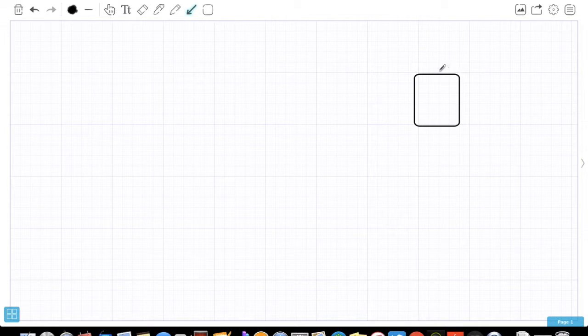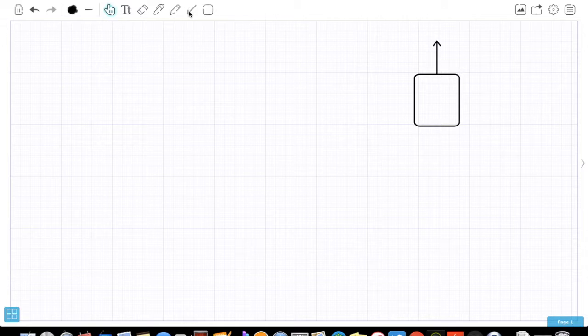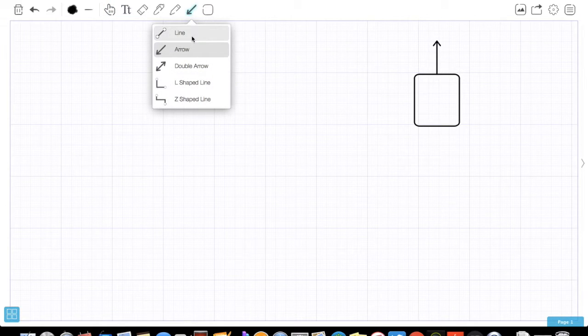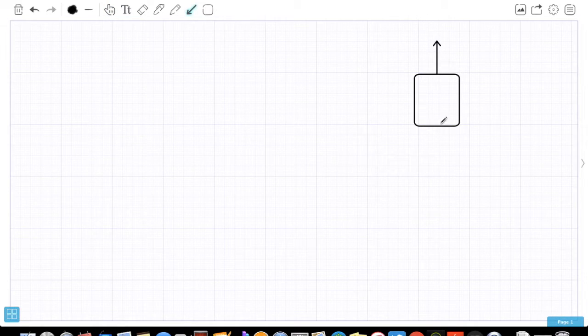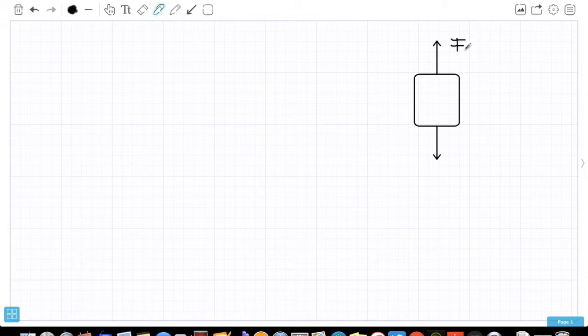we have a force of tension in the cable going up, and we have a force of gravity going down. Now, ultimately in this question, we're looking for the force of tension.